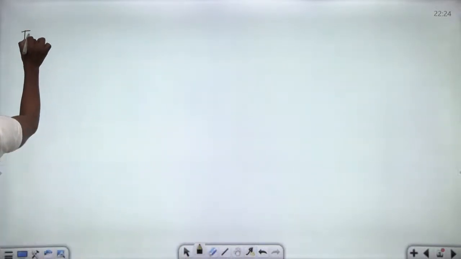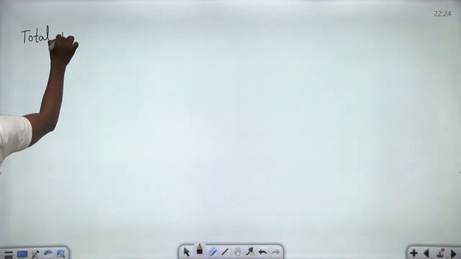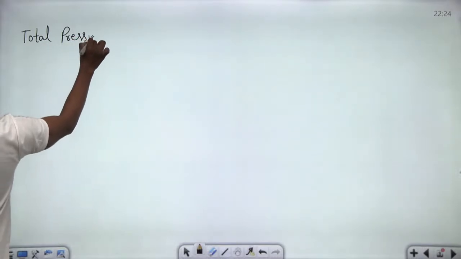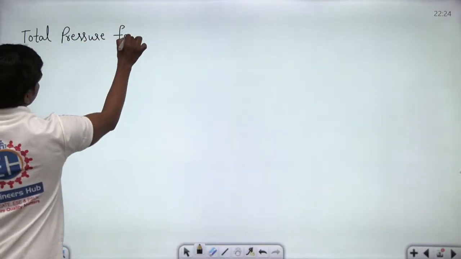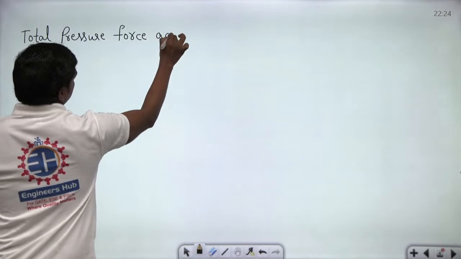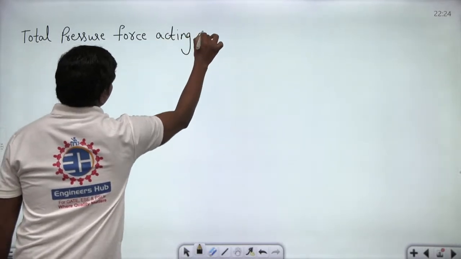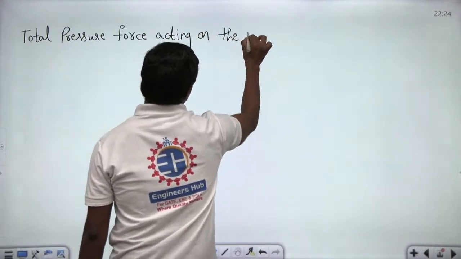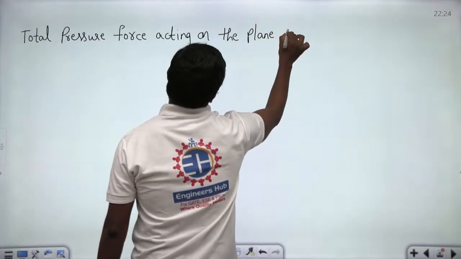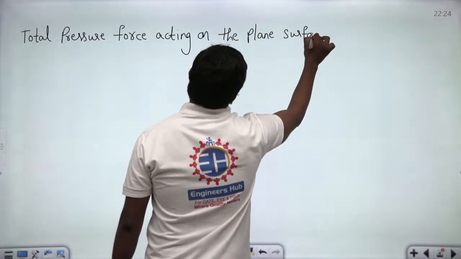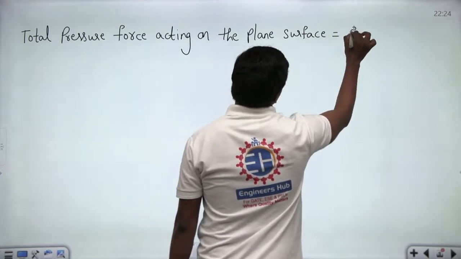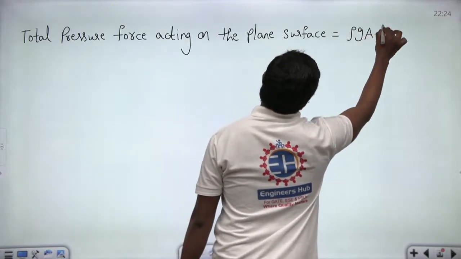Which means the total pressure force acting on the plane surface is equal to rho g A h bar.